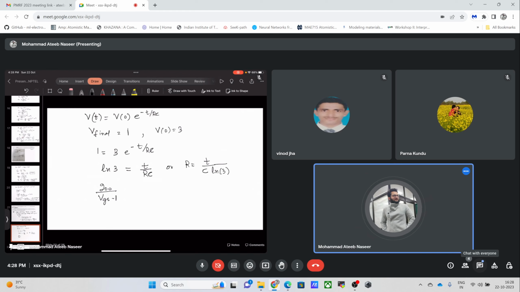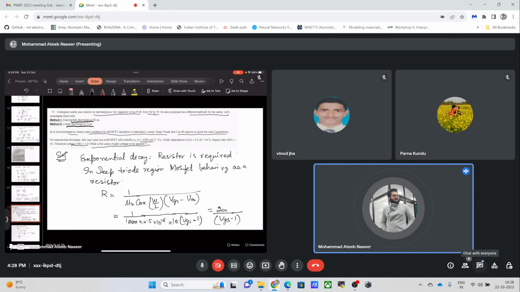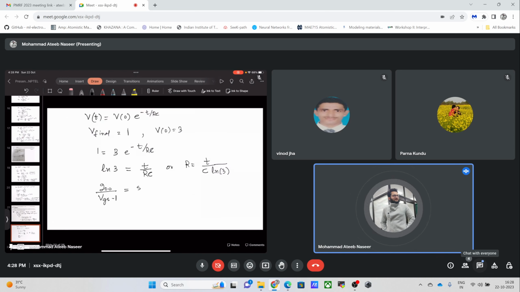So 200 by VGS minus 1 is equal to t, which should be given in this problem, 50 microseconds, so 50 into 10 to the power of minus 6.